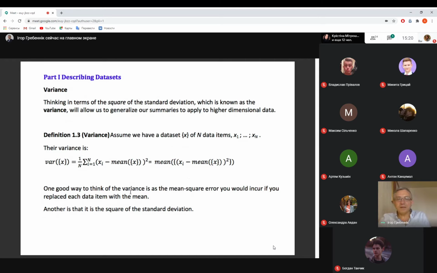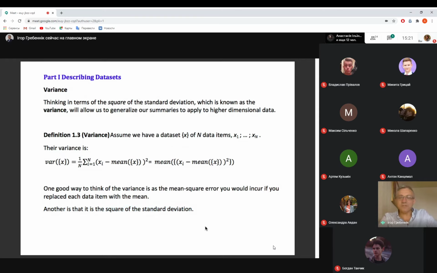And we will think about the variance as the mean square error you would incur if you replaced each data item with the mean. This is an explanation for understanding of this numerical characteristic, variance. And another connection with previous material, this is a square of the standard deviation.